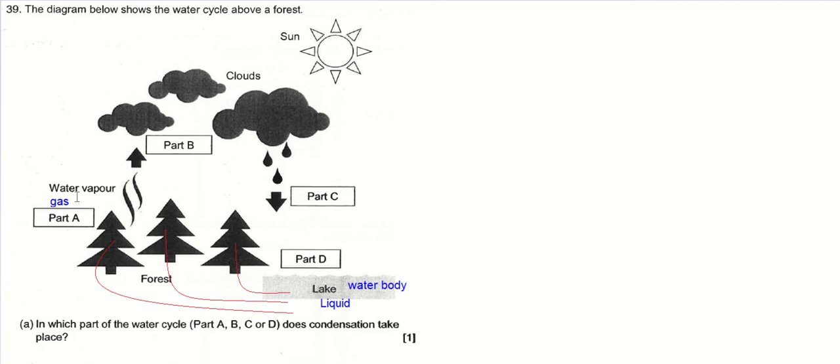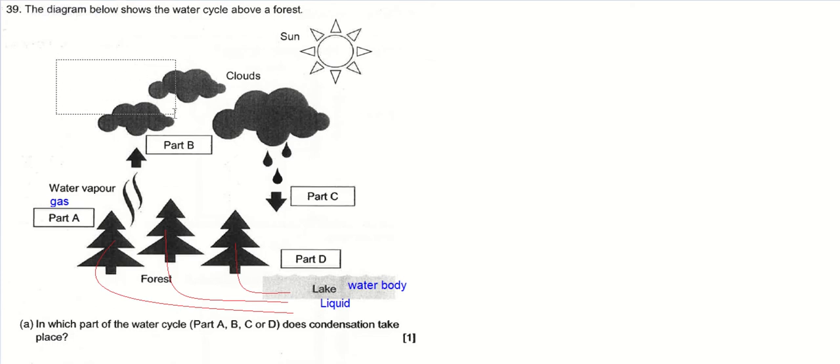And it rises up into the atmosphere in gas form, all the way high up into the sky. In the colder part of the sky, it loses its heat, and then it becomes clouds.